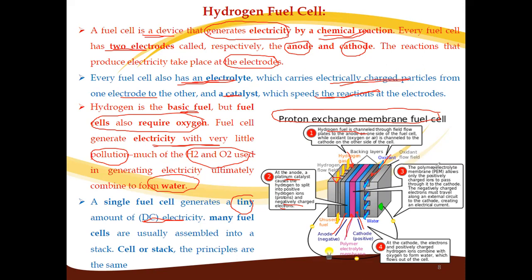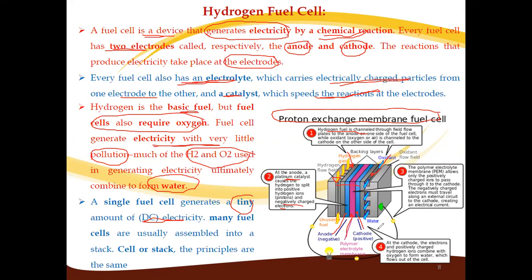Then the polymer electrolyte membrane allows only positively charged ions to pass through to the cathode. So only the H plus ion passes through to the cathode, and the negatively charged electron must travel along the external circuit to the cathode, and that will create the electricity.